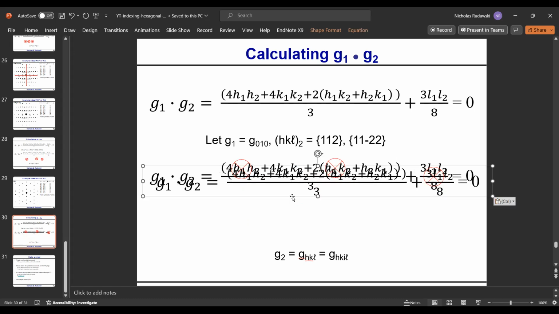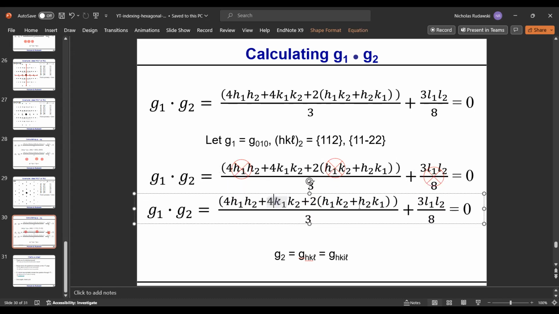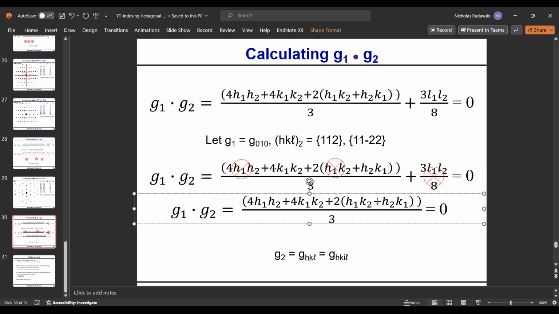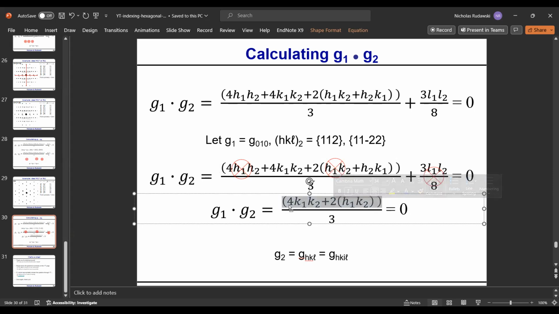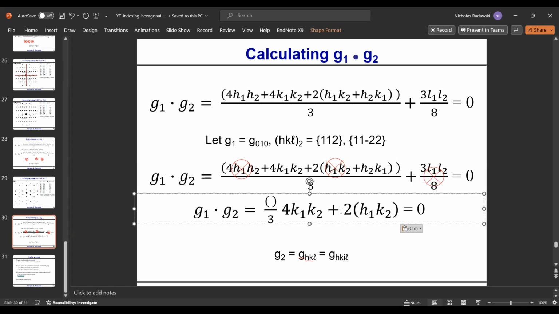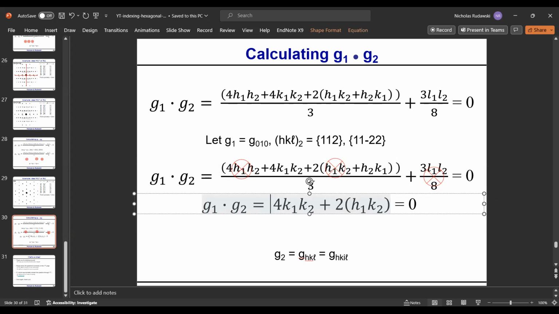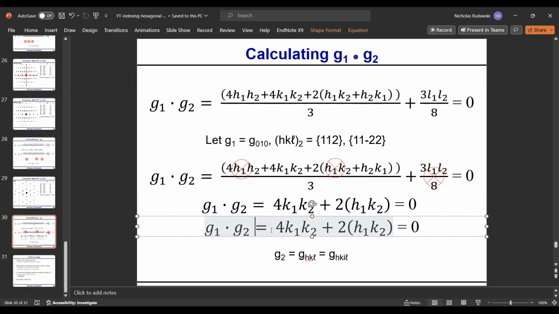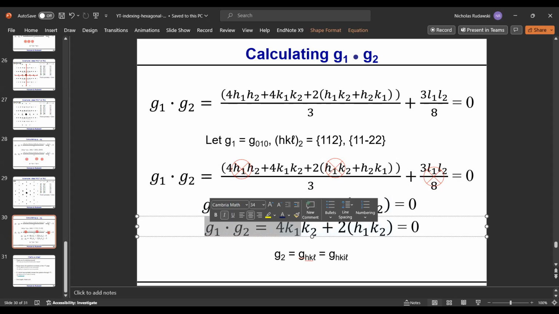We copy that right there and simplify some of this. So we're left with this, and then we can rearrange it just like we've done here.